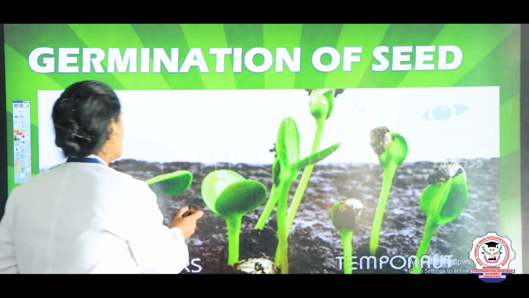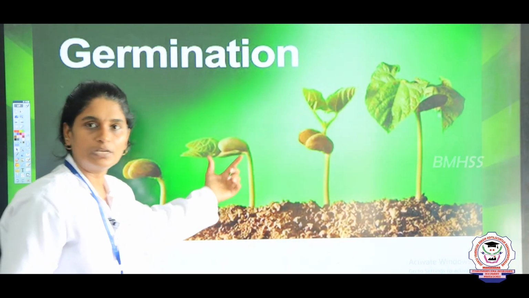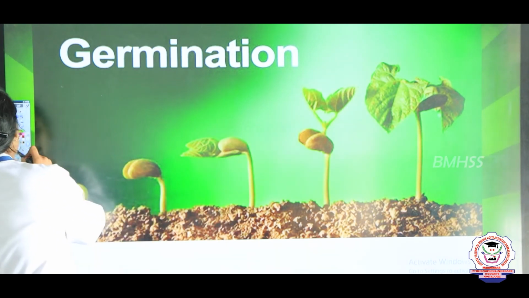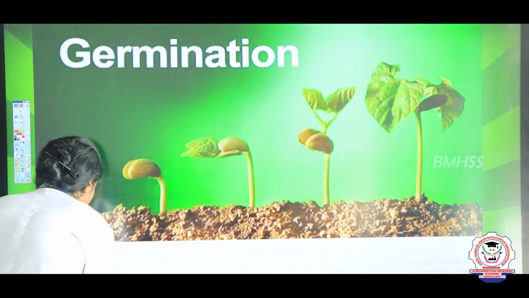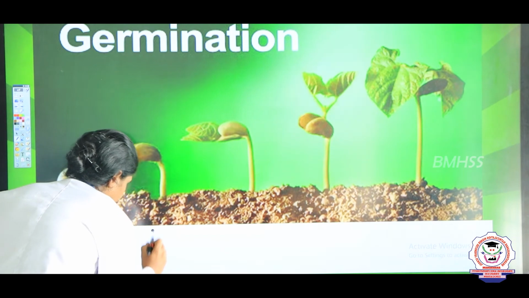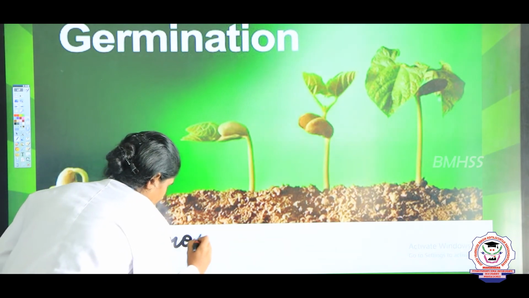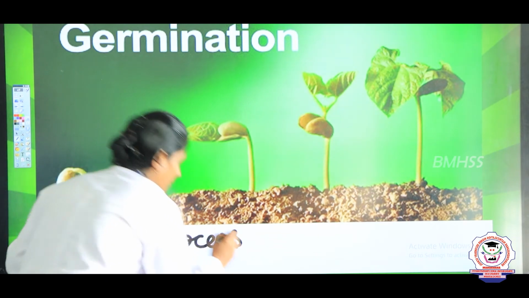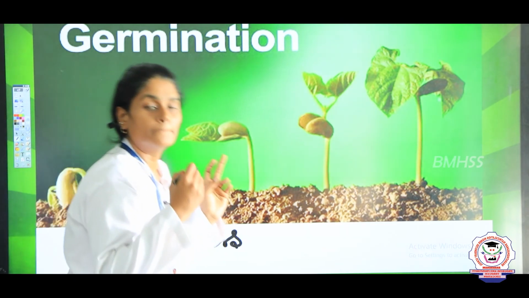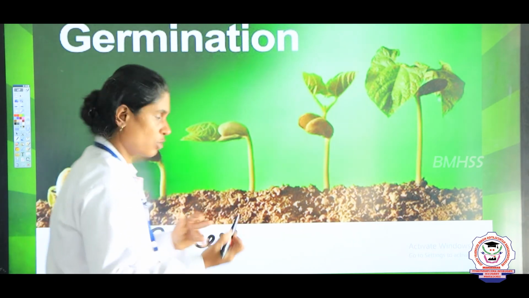Now, let us see what is the definition of germination. Let us write. The process of growth of a new plant from a seed is called germination.